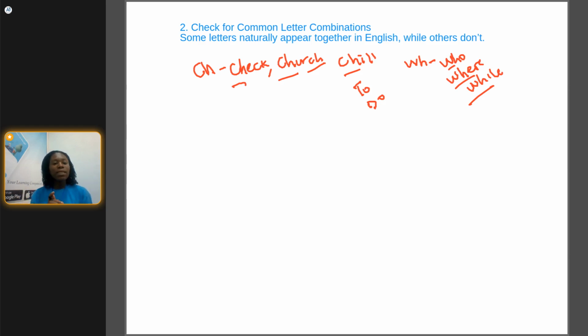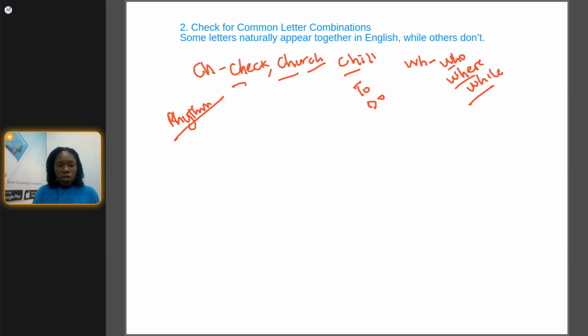Again, please do not forget that there are exceptions to these tricks, but the exceptions are usually minimal. So you check for common letter combinations. You can find RH maybe for reading.